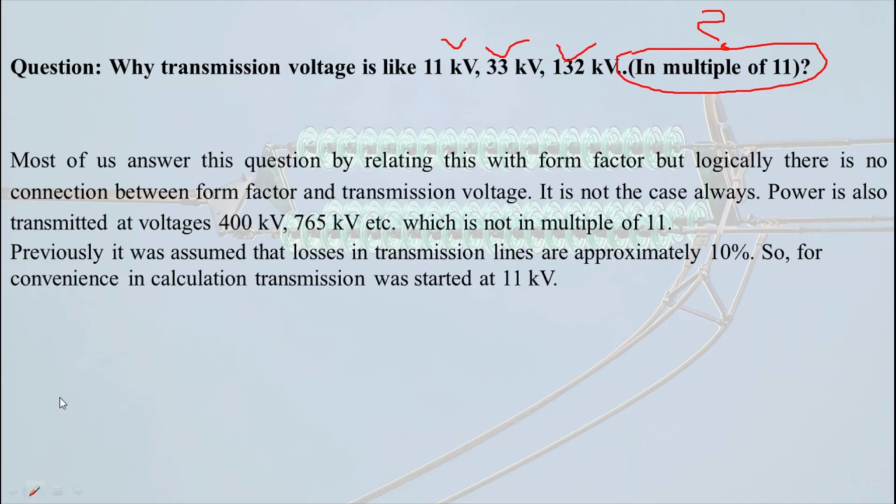That's why these voltages are in multiples of 11. But actually there is no relation between form factor and these voltages. There are also some voltages that are not in multiples of 11, and they are used in transmission. So these voltage levels are like 400 kV and 765 kV. They are not in multiples of 11. So actually this is a nonsense question, and there is no need to answer this question.